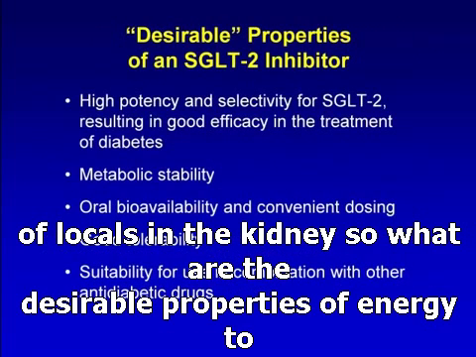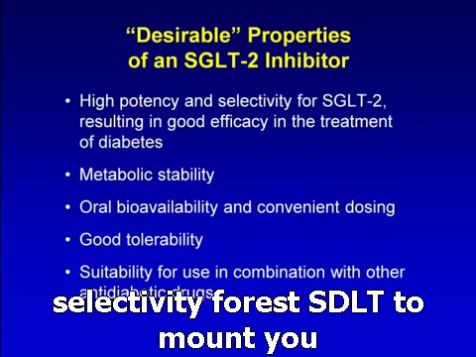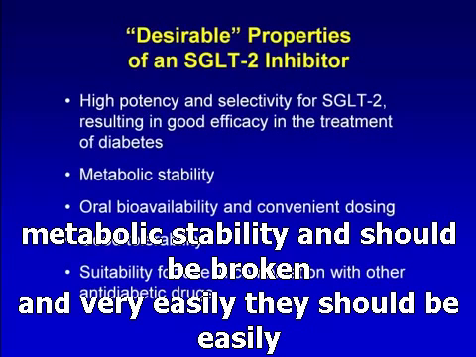So what are the desirable properties of an SGLT2 inhibitor? They should have high potency and selectivity for the SGLT2 molecule, resulting in good efficiency in the treatment of diabetes. They should have metabolic stability and shouldn't be broken down very easily.